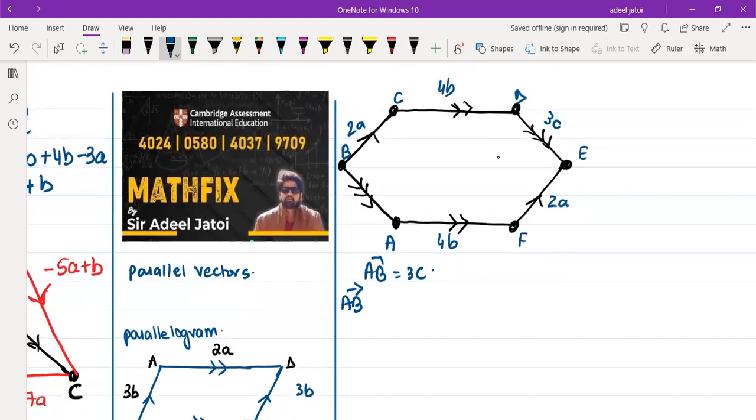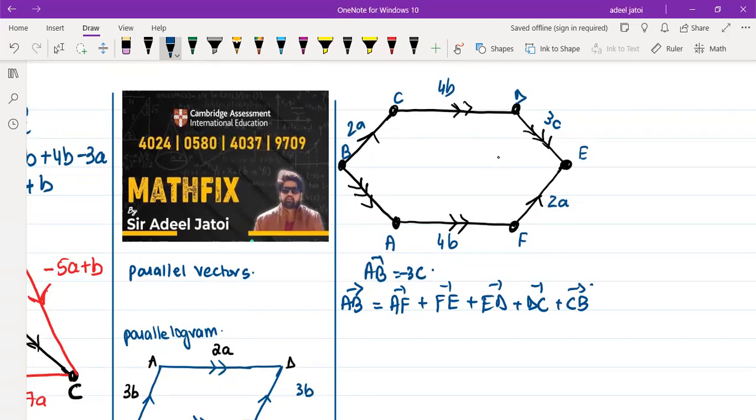For A to B, what I need to understand is AB is not going to be 3C, AB is going to be negative 3C because it is going in the opposite direction. So if I want to find out AB, this should be AF plus FE plus ED plus DC plus CB.